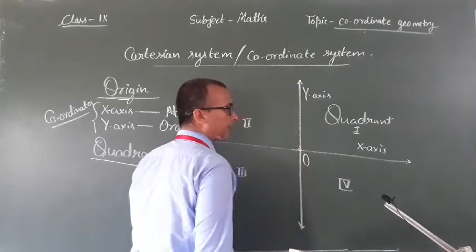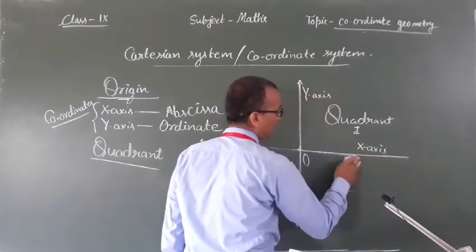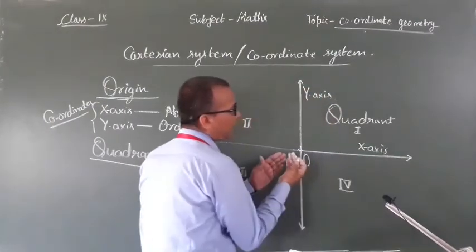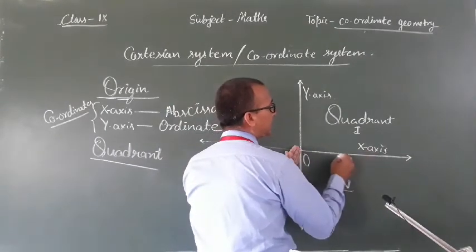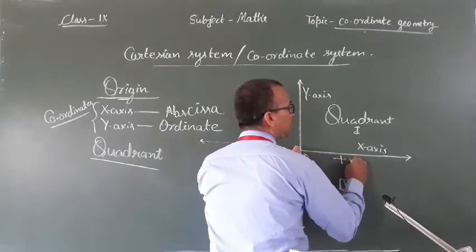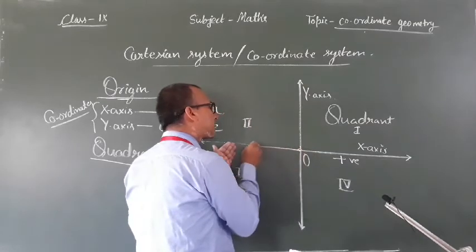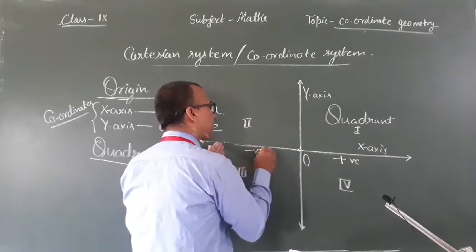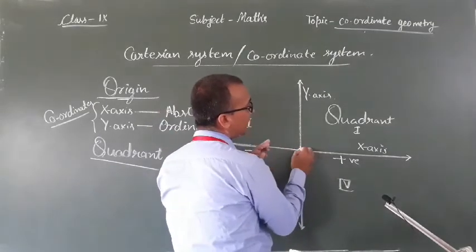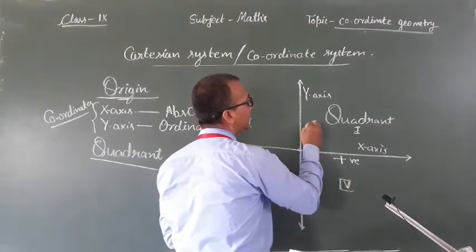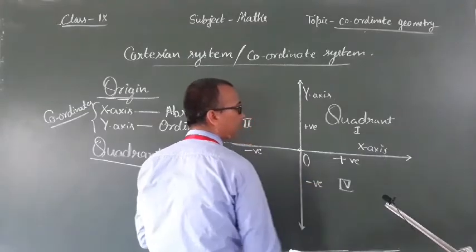It is the origin. From the origin, if we move towards the right on the x-axis, it is called the positive direction, and if we move toward the left side, it will be the negative direction. On the y-axis or ordinate, if we move in the upward direction, it will be positive, and downward it will be negative.